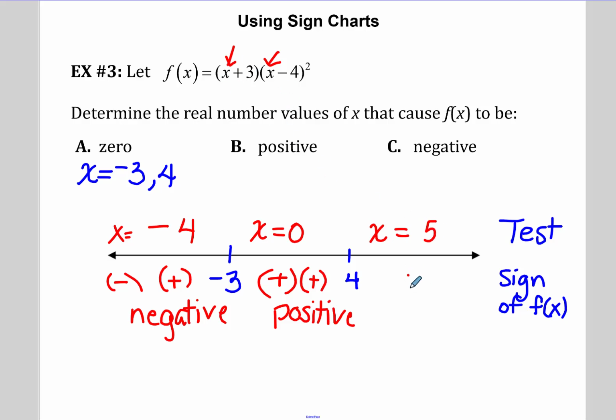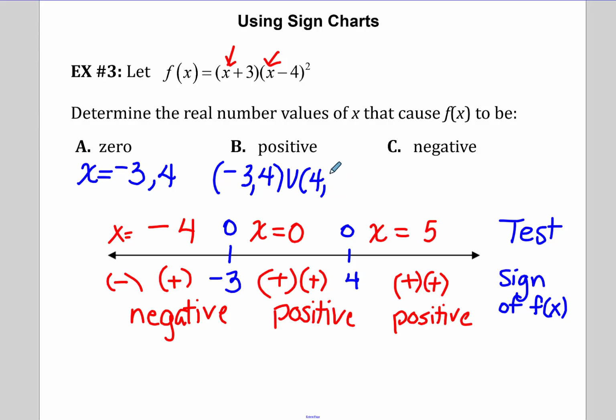Substituting 5 into each factor, we would get a positive times a positive. So our end result would be a positive y value. And now I can go back and answer the question. Our graph is 0 here at these two critical numbers. Those were our zeros. So the location where the function is positive is in between negative 3 and positive 4. At 4, it's 0, so we're skipping over 4.